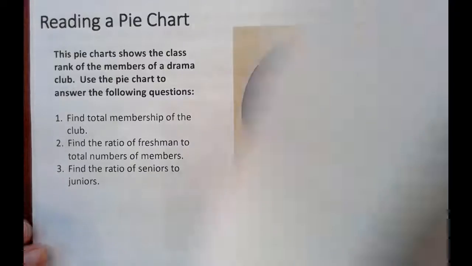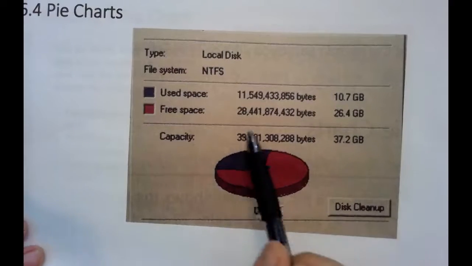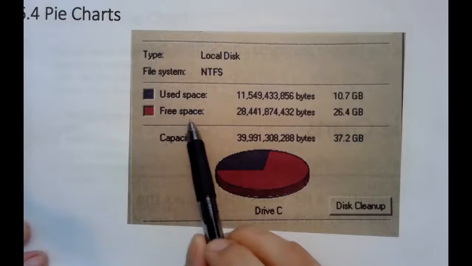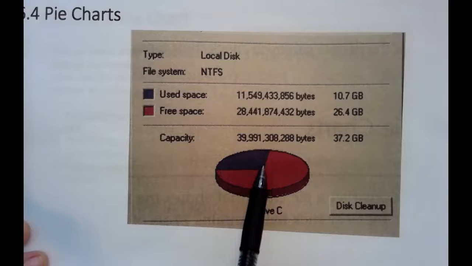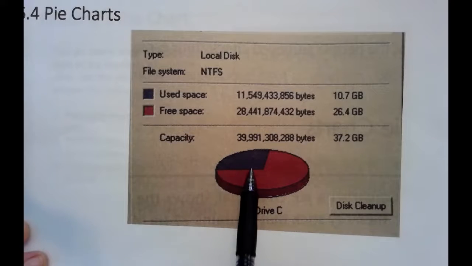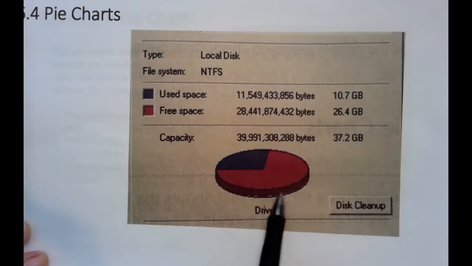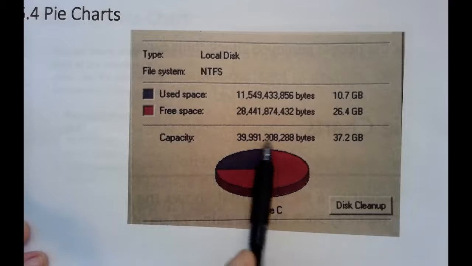Okay, so this pie chart here, this is an old picture, but it basically talks about the space on the computer, and they have here 10.7 gigabytes of used space, and they have 26.4 gigabytes altogether.